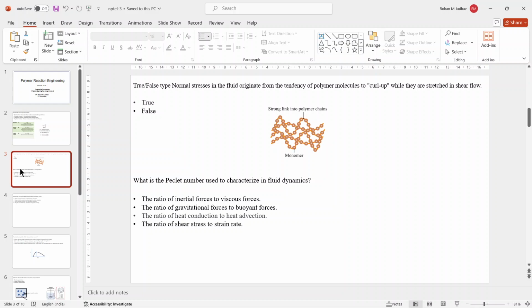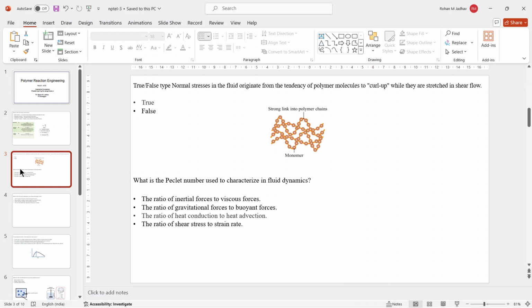If you subject them to any kind of shear flow, they will try to resist, and that resistance will give them the tendency to curl up again. Because of this curling up, they will start giving out normal stresses in the direction of the polymer chains, normal to that direction, and that will result in normal stresses being generated.